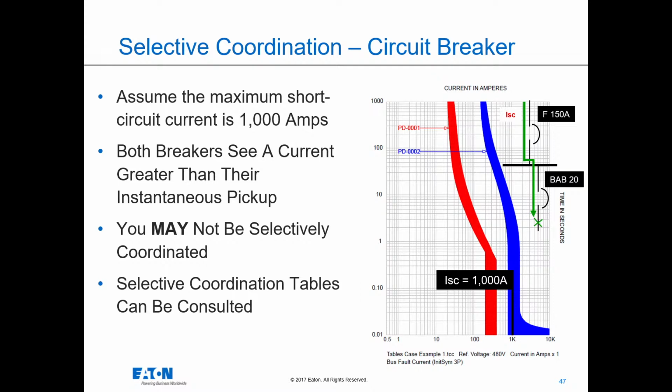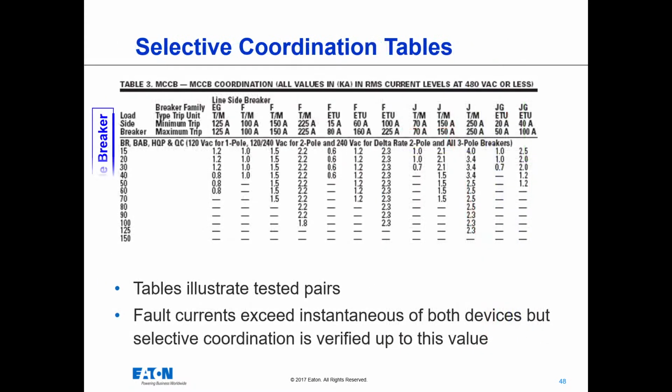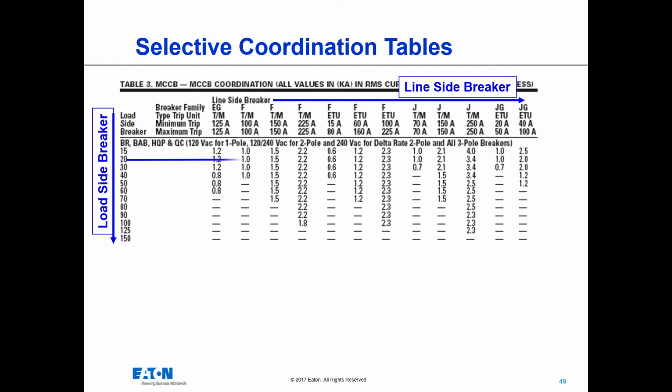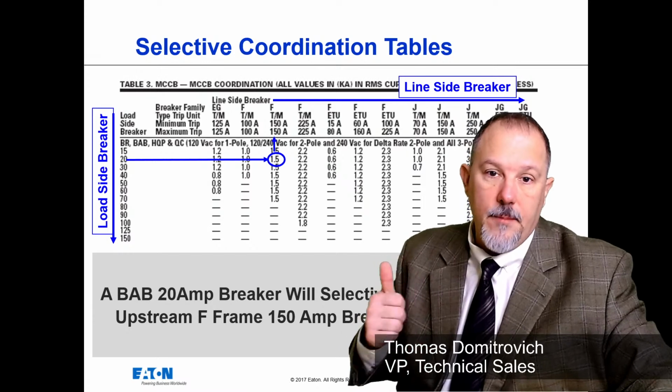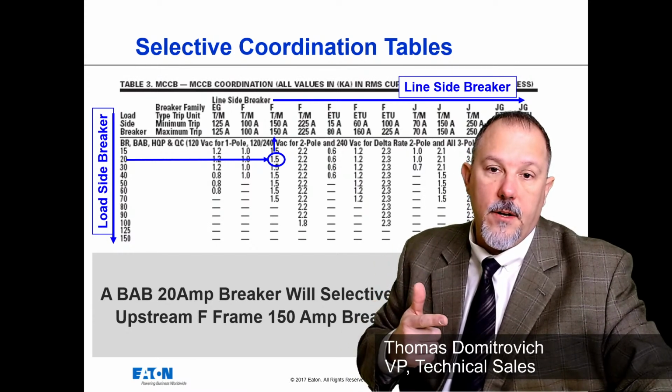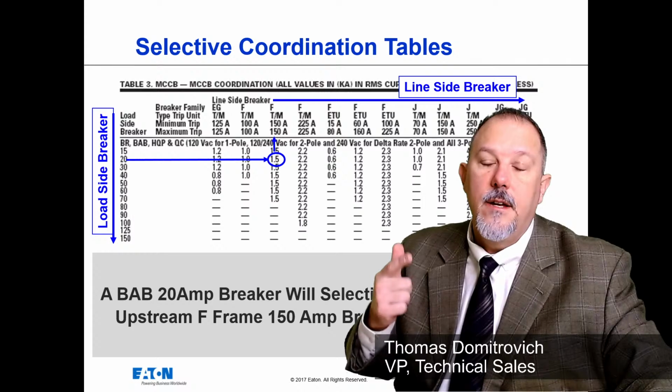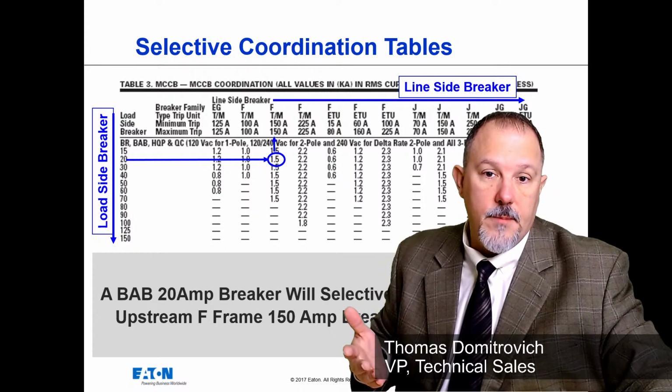In this case, with an F-150 upstream of a BAB 20, I would pick the BAB 20 downstream, follow it over until I get to the F-150, and then I know that for any fault current greater than 1500 amps, both of these devices, more likely than not, are going to trip. So what this table's telling me is for a 20 amp breaker downstream of an F-150, greater than 1500 amps, they're both going to open.